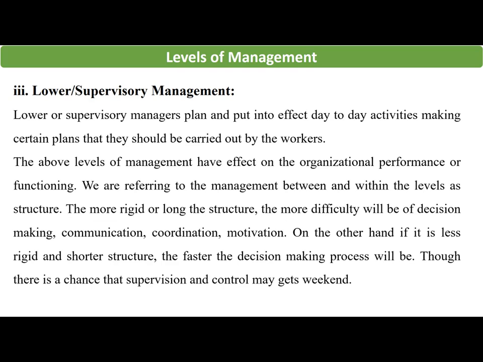The more rigid or long the structure, the more difficult decision making, communication, coordination, and motivation will be. On the other hand, if it is a less rigid and shorter structure, then the decision making process will be faster, though there is a chance that supervision and control may get weakened.